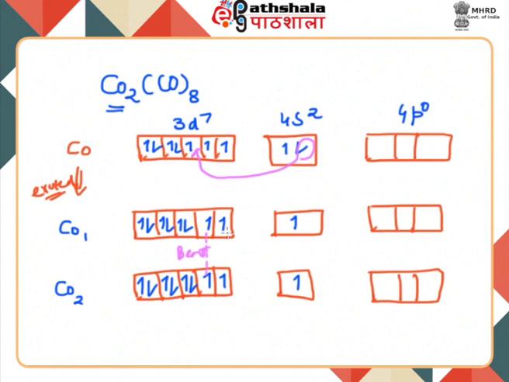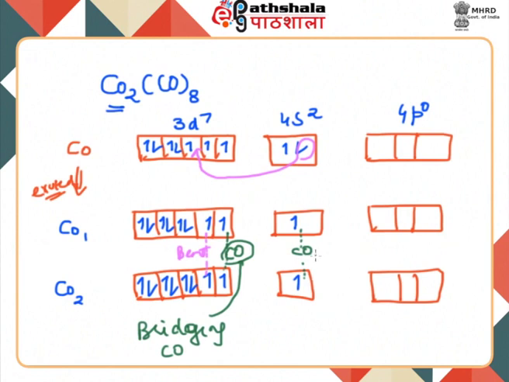Between this electron and this electron, the sharing will be via a carbonyl, and this carbonyl will be the bridging carbonyl. There will be another bridging carbonyl between these two orbitals, and so you can say there are two bridging carbonyls.